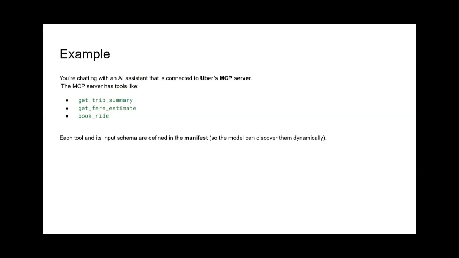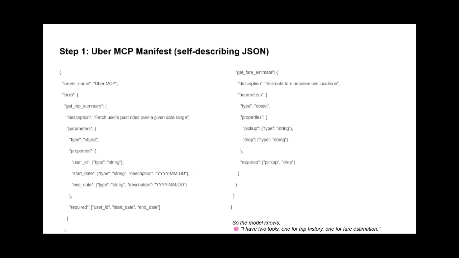Now we'll understand the entire flow with the help of an example. Step number one: as soon as the MCP is connected, the file is read by the system, and within this file all the details with regards to tools are there. For example, here you can see the details for get trip summary and estimated fare between two locations. There's a set format for an MCP server.